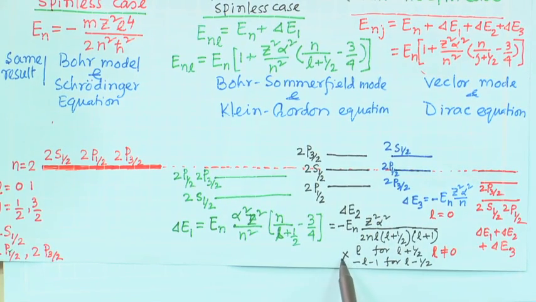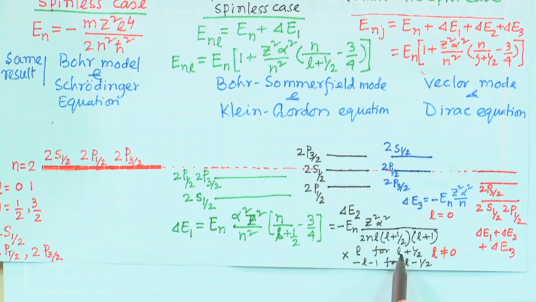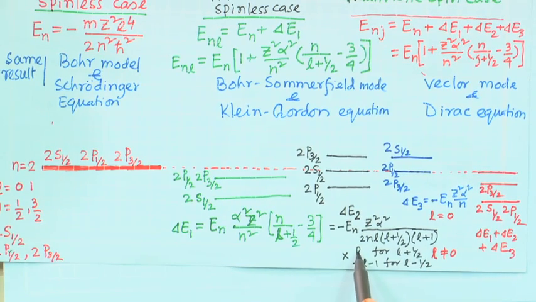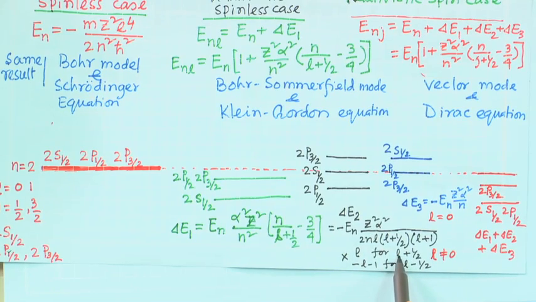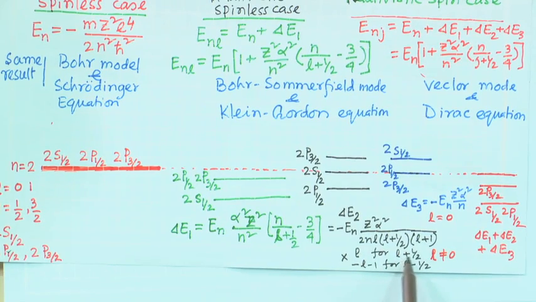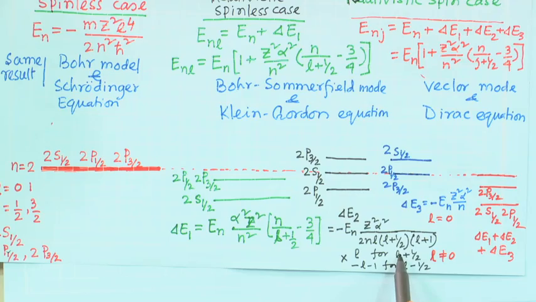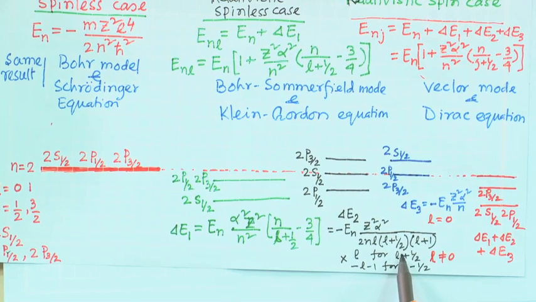Now, it is multiplied with L for J equal to L plus half, which means P 3 by 2.